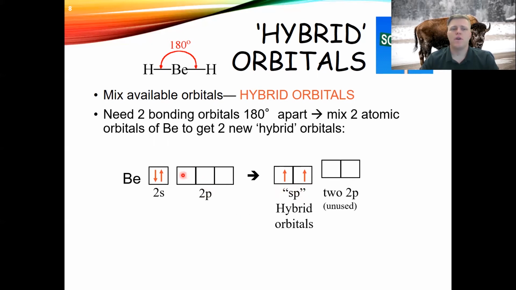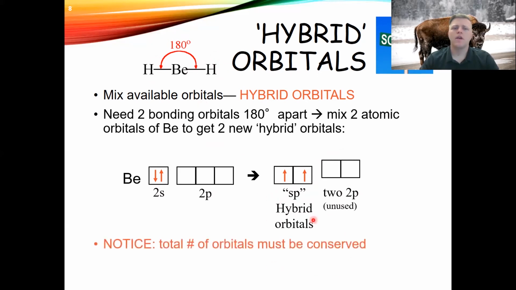We took one of the p orbitals and the s orbital, combined them to get 2 sp orbitals. And then we have 2 leftover 2p orbitals. You'll notice the way I've drawn this, the leftover p orbitals are slightly higher in energy than the sp orbitals, so the electrons are just going to stay in these sp orbitals. And then these can overlap with the s orbitals in the hydrogen.